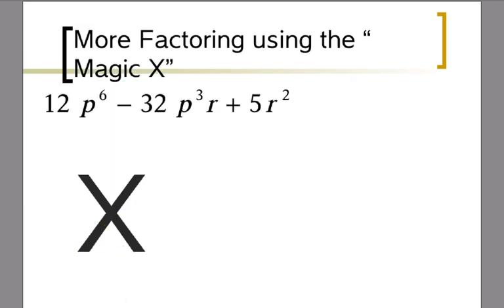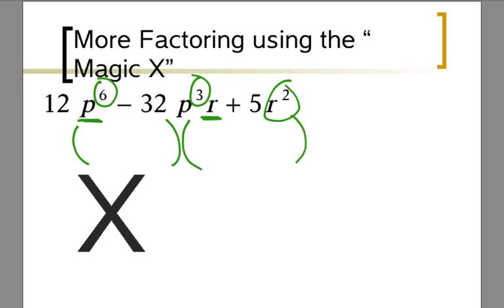So now we're going to apply the magic x in a situation where I've got a little bit of goofy things going on with my variables. If you look at the variables, I've got p to the 6th, and this p to the 3rd r, and then r squared. Well, what that's going to mean is that in my final parentheses, I always have half of this first amount, so it's going to be p to the 3rd in both of them, because when I multiply those together, it'll give me p to the 6th.